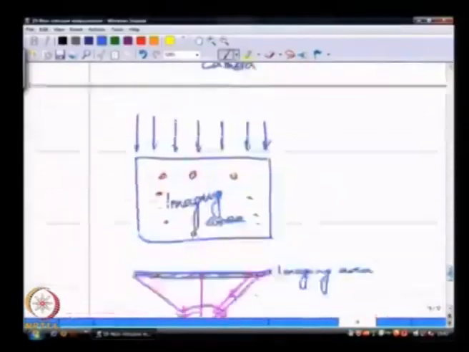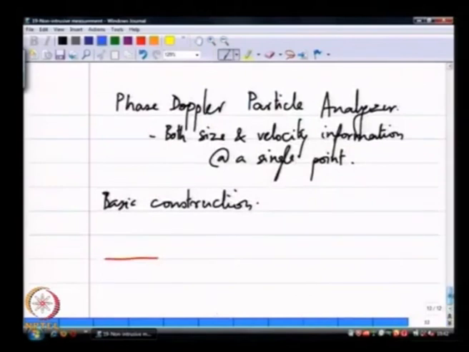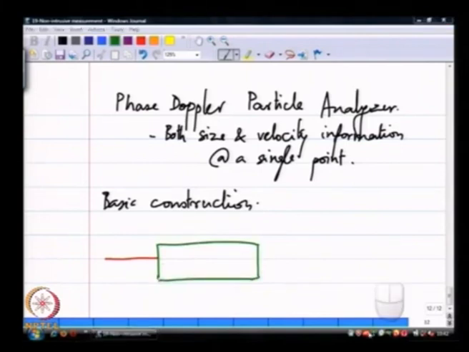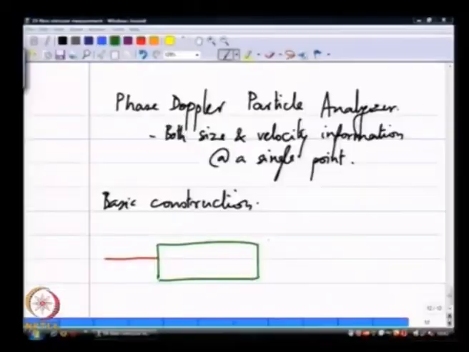Okay, same applies to PDPA here. So, I take a laser of a certain intensity. There is a construction involving beam splitters and mirrors inside here, which is not really important, but essentially I create two laser beams.